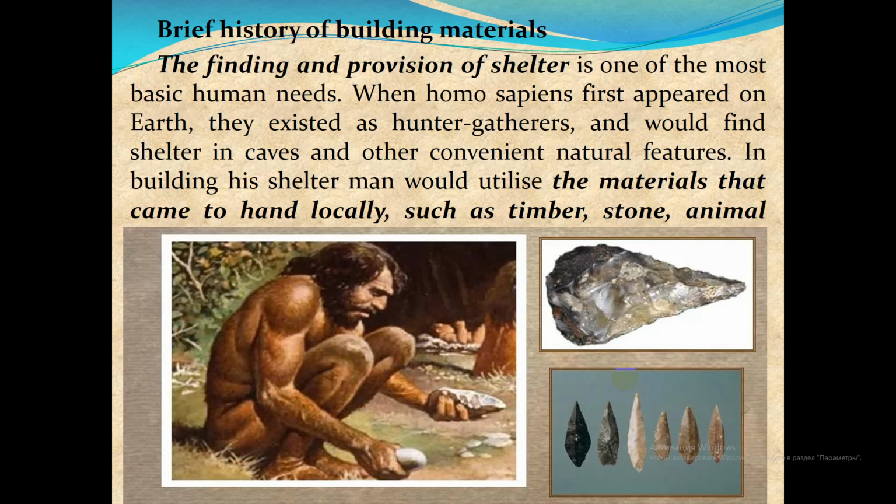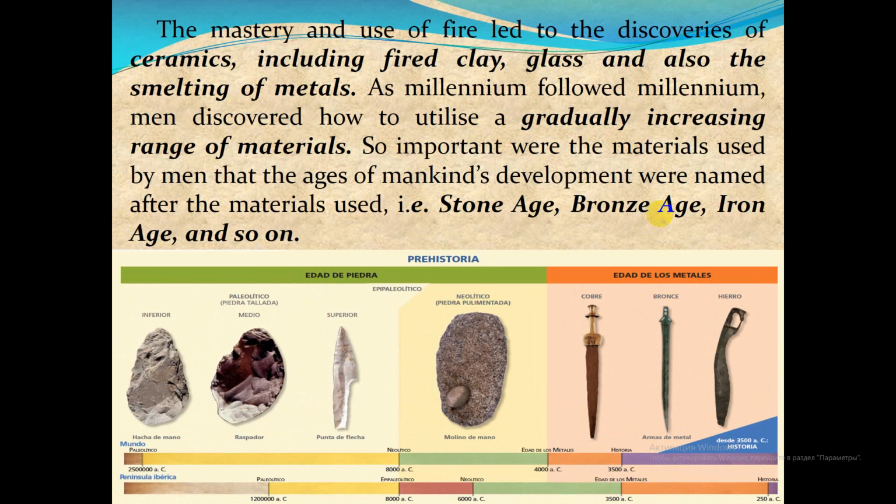In building his shelter, man would utilize the material that came to hand locally, such as timber, stone, animal skin, and bone, etc. The mastery and use of fire led to the discoveries of ceramics, including fired clay, glass, and also the smelting of metals.